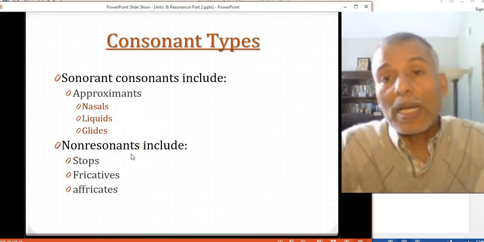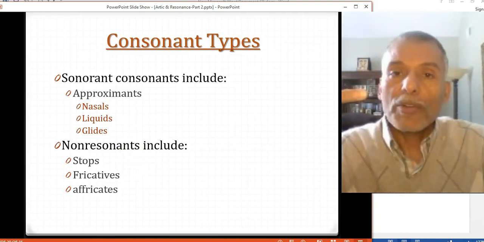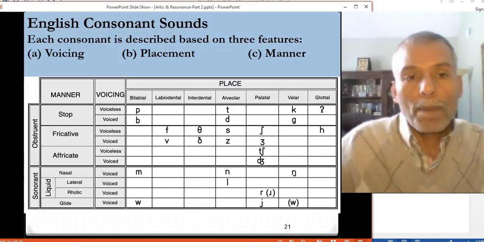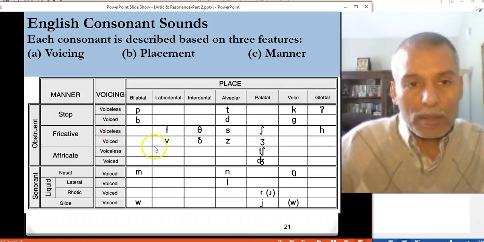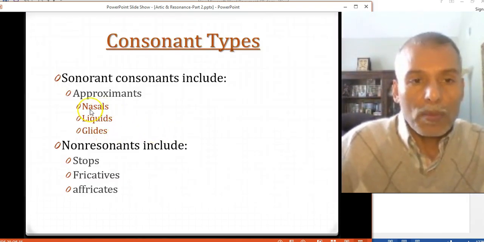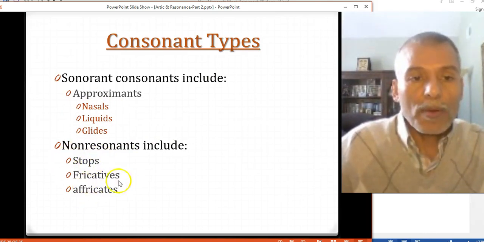The non-resonant sounds include two major categories and one small category that is a combination of both. Let's do the description of the other ones here.